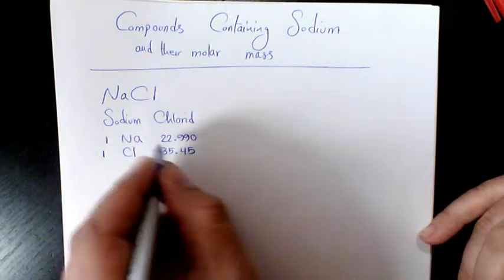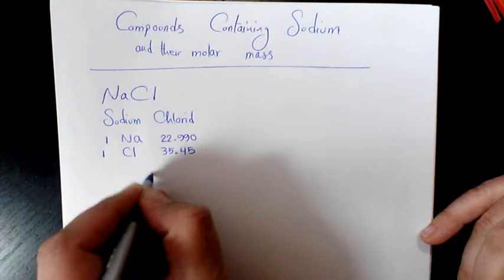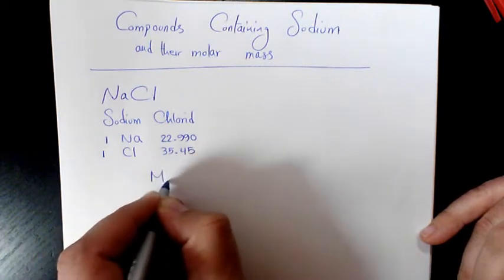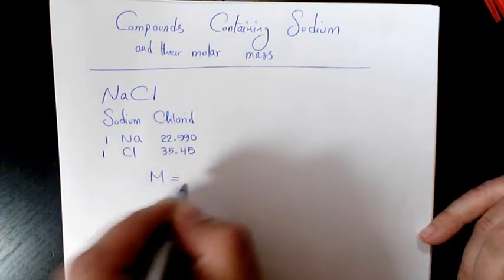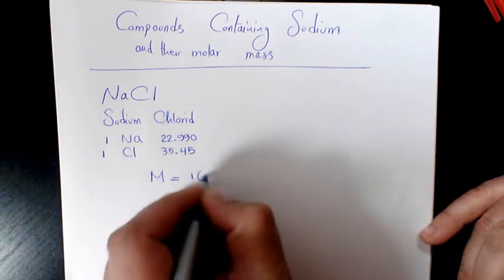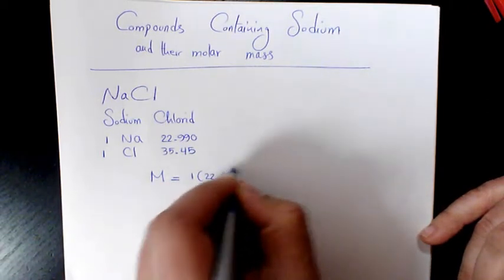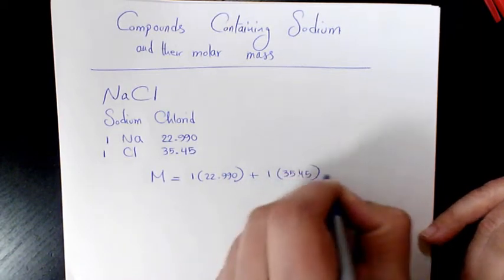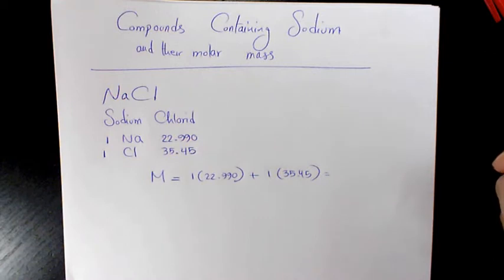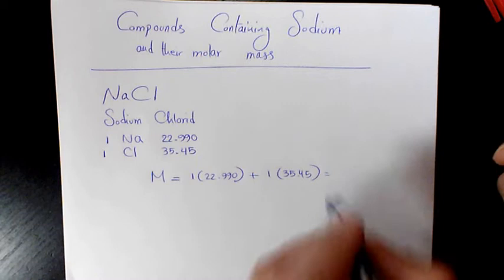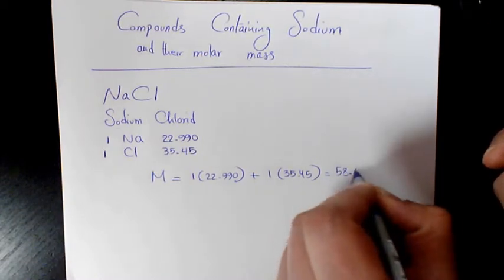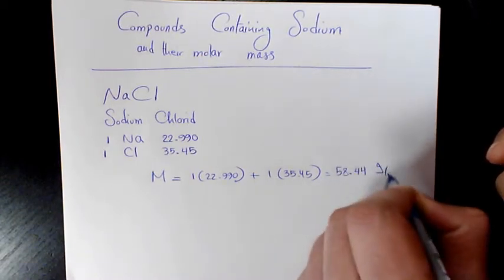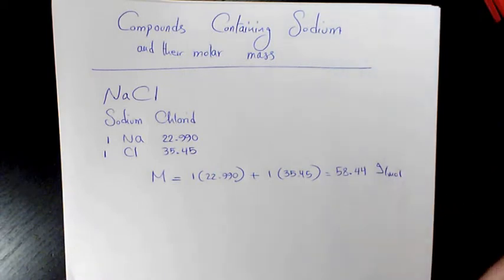So molar mass, I'm gonna show it just by capital M, is 1 times 22.990 plus 1 times 35.45, which is simply 22.990 plus 35.45. That's going to be 58.44 grams per mole. So that's the molar mass of sodium chloride.